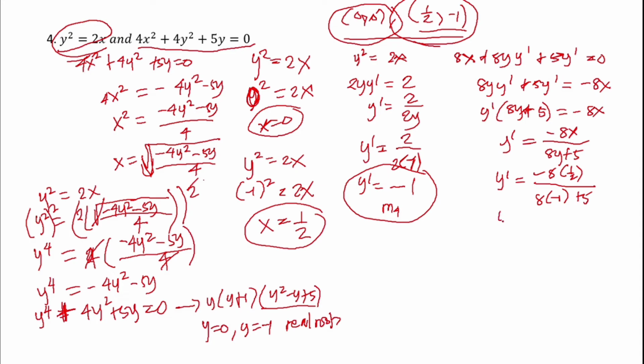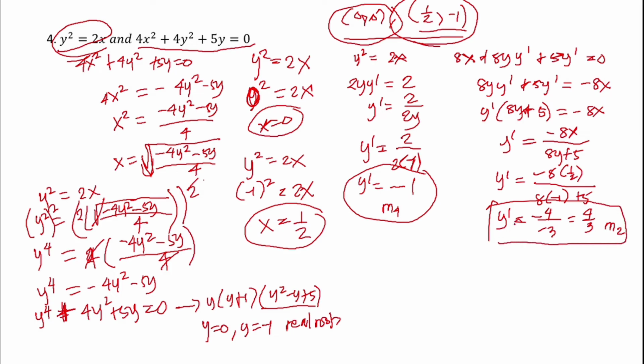If we calculate this, the result is negative 4 over negative 3. So 8 times negative 1 plus 5, that's negative 3. So negative 4 over negative 3 is 4/3. Okay, so this is the slope of M2.